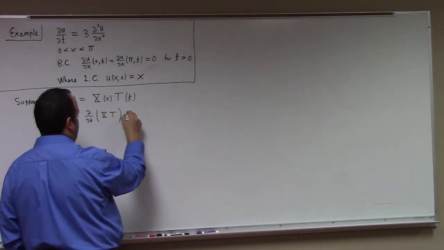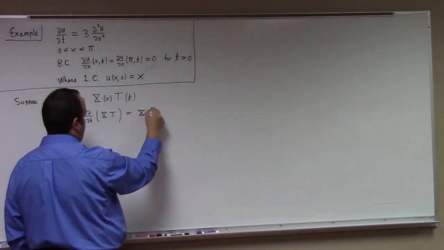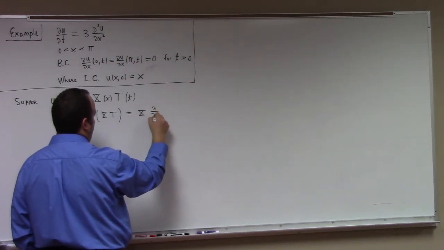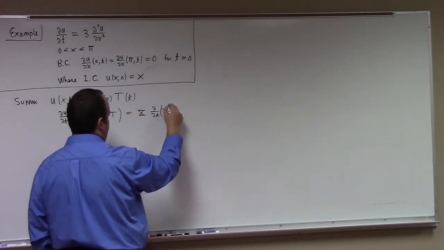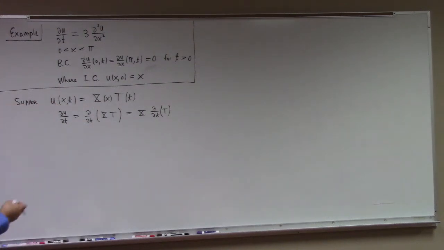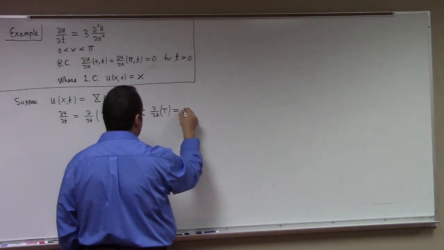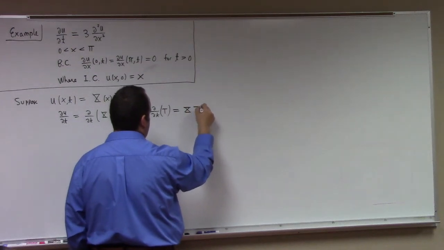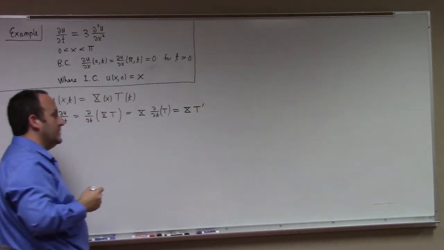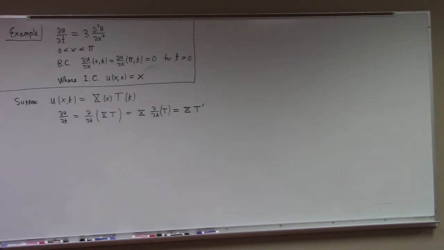Well, X is just a function of x, right? So big X pulls out. So if we have partial u, partial t, we're going to use the notation that that's really just X T prime. And we'll understand that when we write T prime, we're really just talking about an ordinary derivative with respect to time on the time part of this product solution.